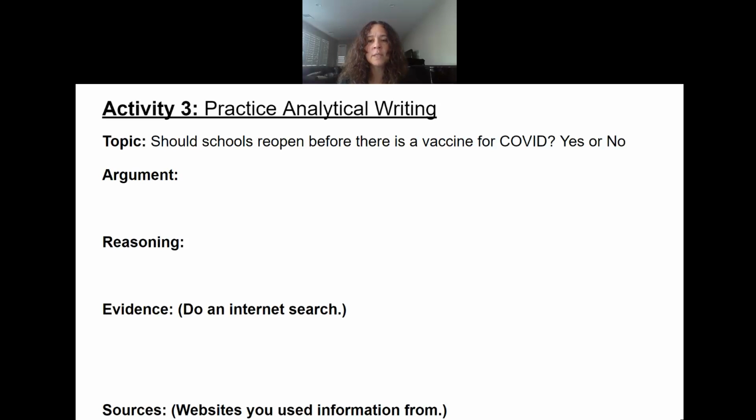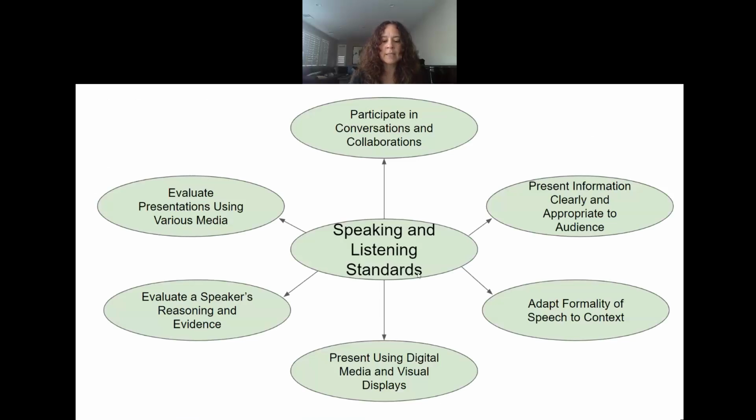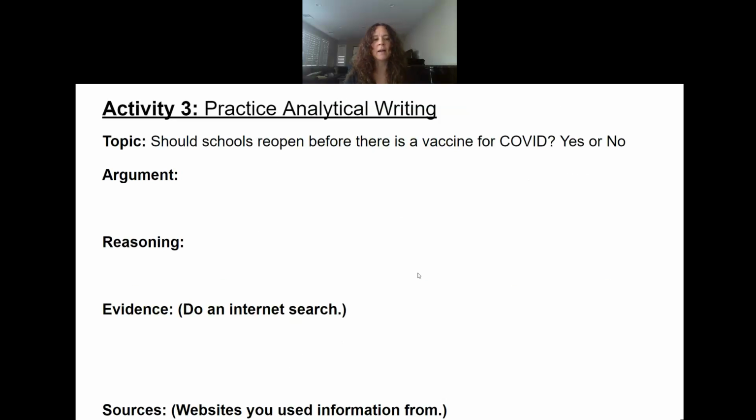So if you choose yes, then your argument is going to be, oops, I can't type in here. I'll just have to verbally say it. Your argument is going to be, I believe schools should reopen before there is a vaccine for COVID.